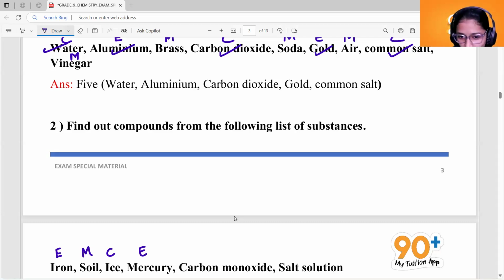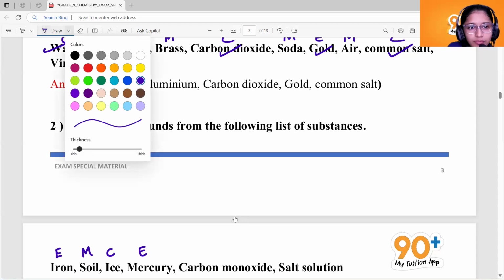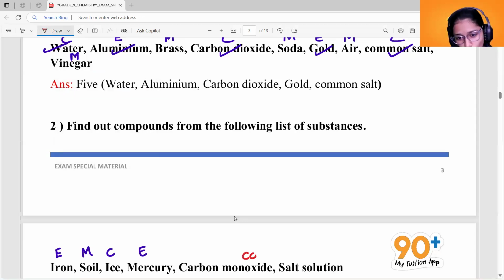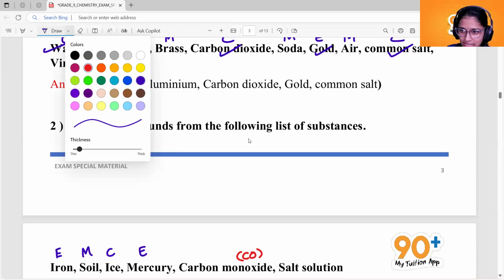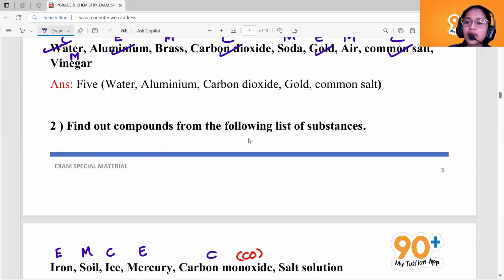The formula of carbon monoxide is CO. There's one atom of carbon and one atom of oxygen in carbon monoxide. So carbon monoxide is again a compound.